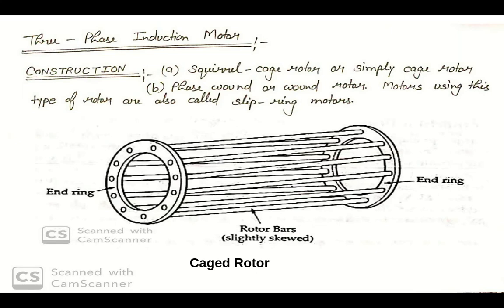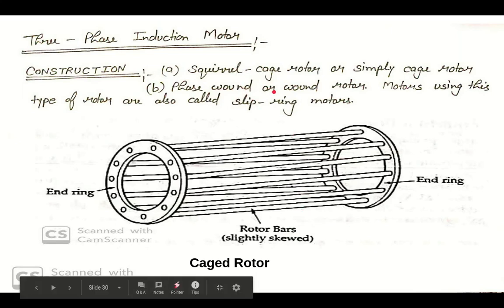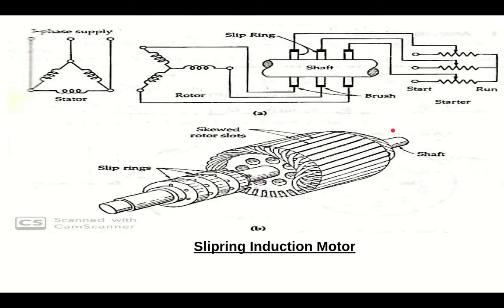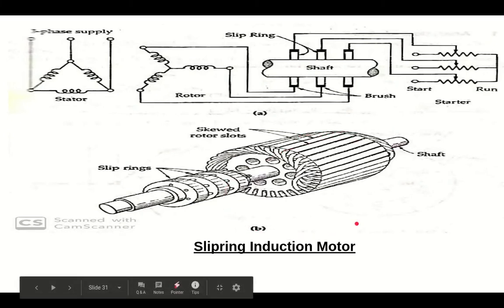Now the second part is the phase wound or wound rotor. That machine is also called slip ring motor. This is the diagram for the slip ring induction motor.